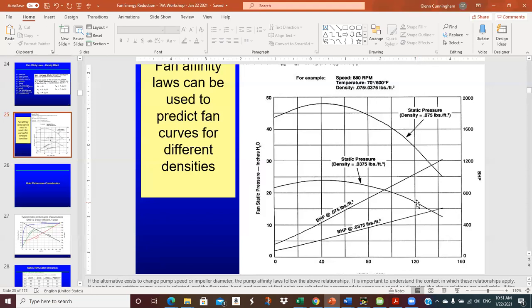I've never really thought about any type of fan that they wouldn't work with. I know certainly centrifugal, I think they're good with. Whether there's something else out there that would not apply, I'm not sure.